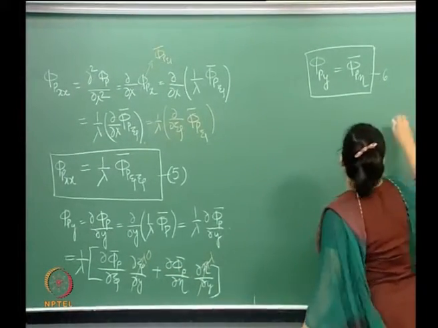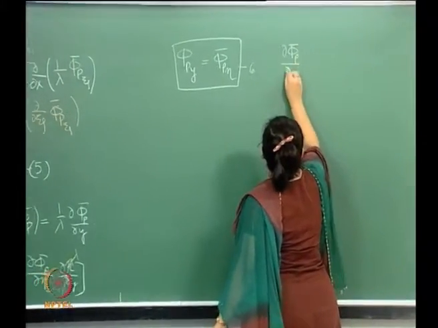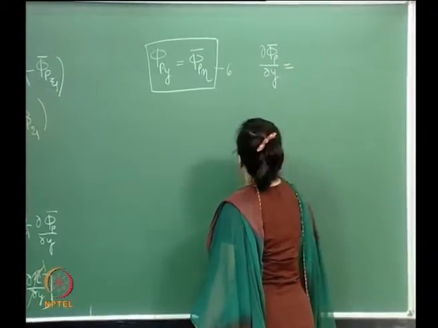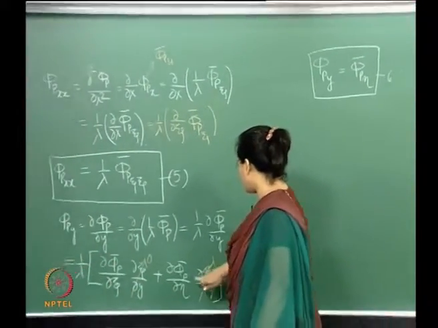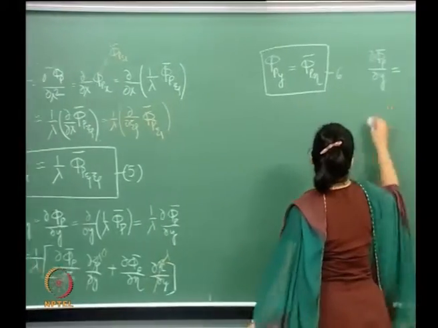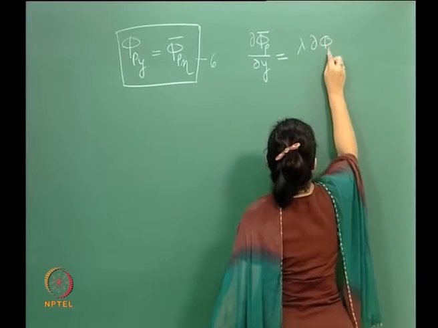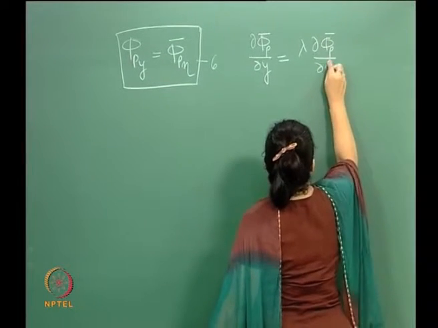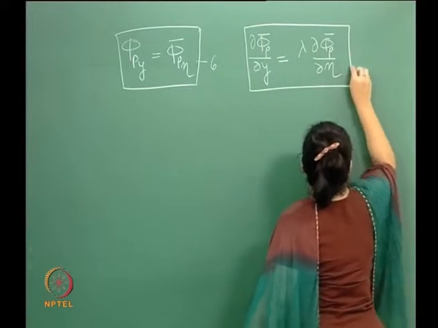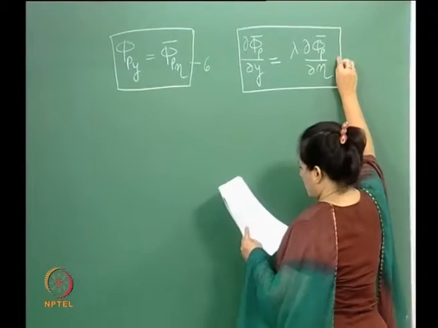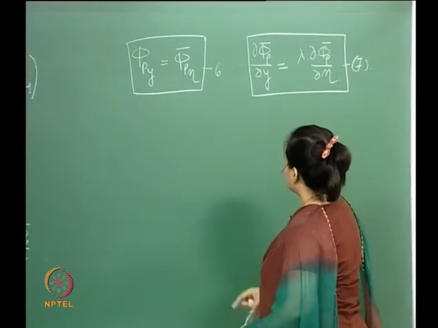So del phi p bar del y is equal to lambda del phi p bar del eta, and let us call this 7.